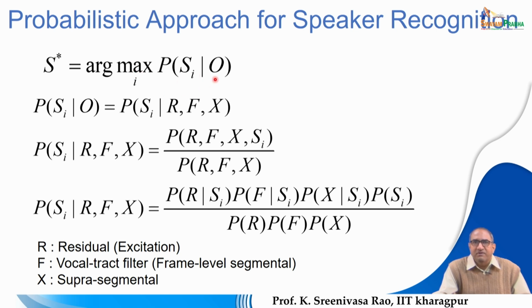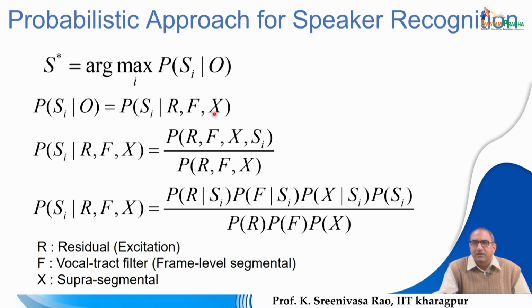And from the observation sequence, we can extract features from different components. We already studied that speech can be viewed as exciting the vocal tract system with a time varying excitation. So from the speech signal, you can extract the excitation source features and then the vocal tract filter features.